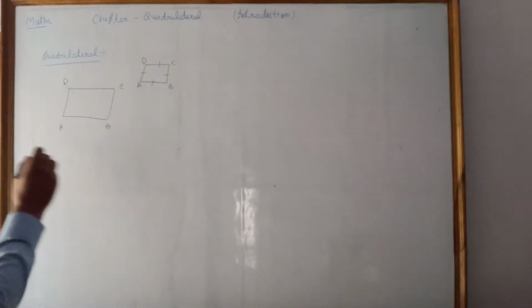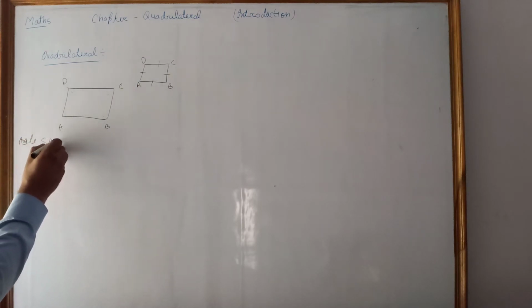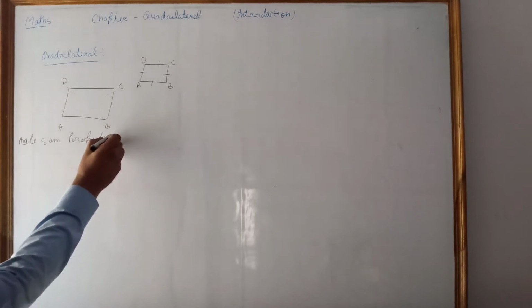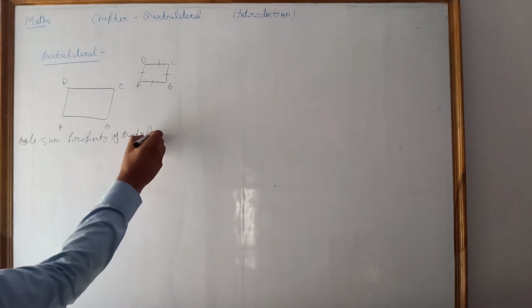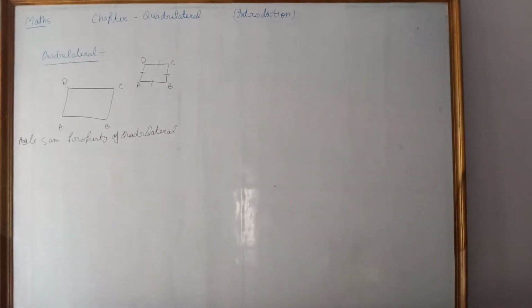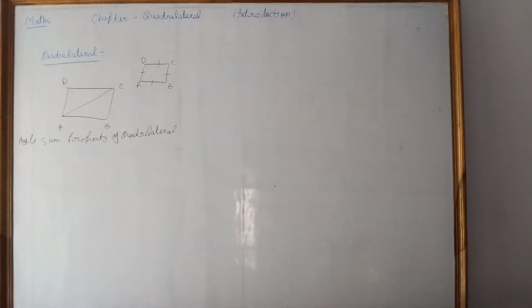This is the angle sum property of a quadrilateral. Just see. First construct a diagonal, diagonal AC.